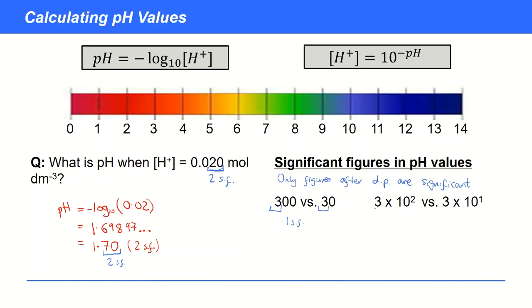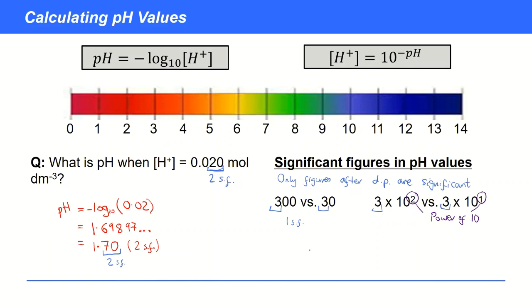Or if we write them in standard form, we can see this is the significant figure, but in addition we also need the power of 10. This number here is the power of 10. So in order to make a number, you need to know the significant figures and the power of 10, or the place value, you might say.